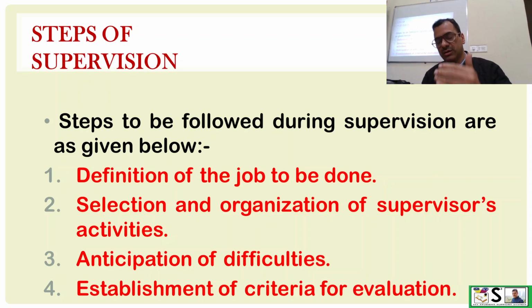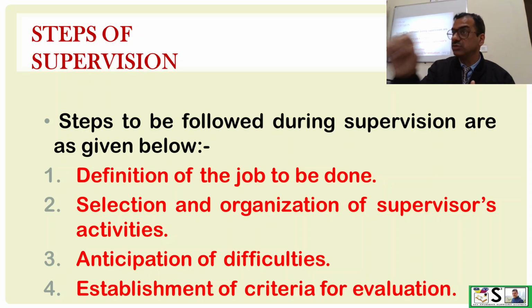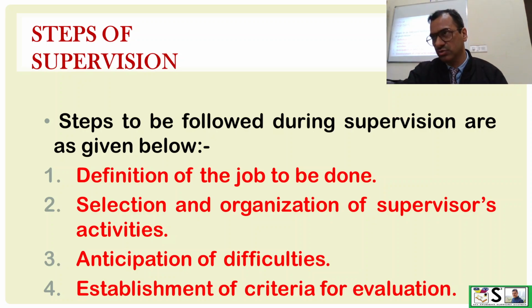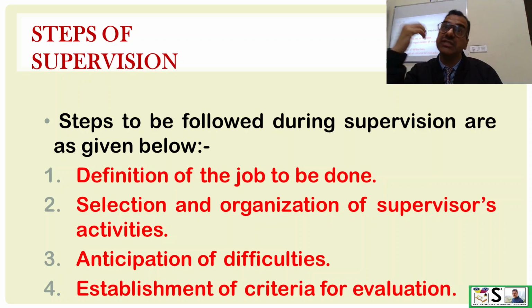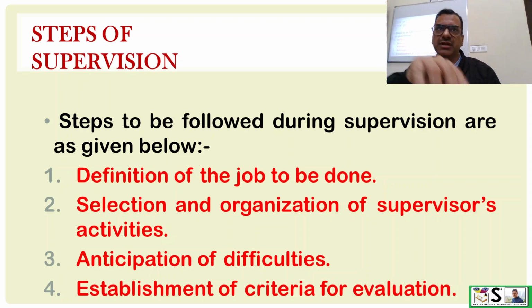Some points are to be finalized, that what possible problems will be there during supervision. Okay, on the part of the supervisor, on the part of staff, in relation to time, in relation to the condition of the roads, how the supervisor will reach the villages, how the worker is going to the villages. So everything should be kept in mind before planning the supervision.